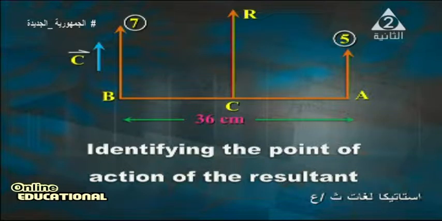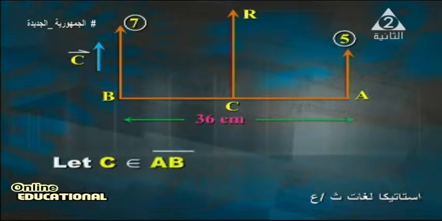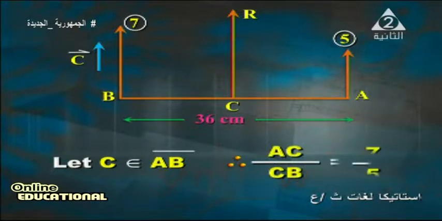We suppose, my dear student, that C belongs to line segment AB, so AC over CB equals 7 over 5. This ratio between AC and CB equals the inverse ratio of the forces, 7 over 5.